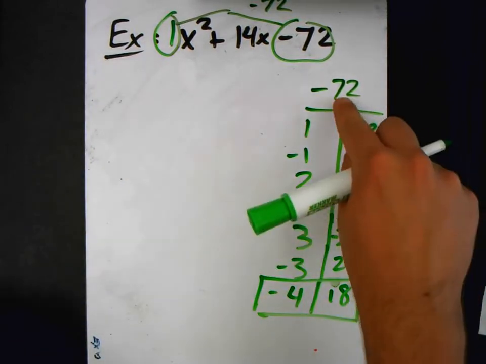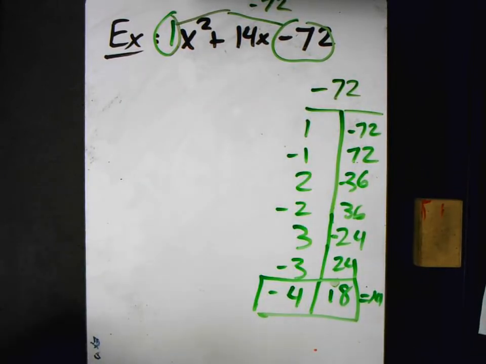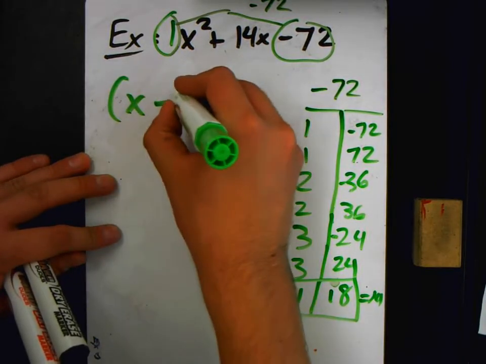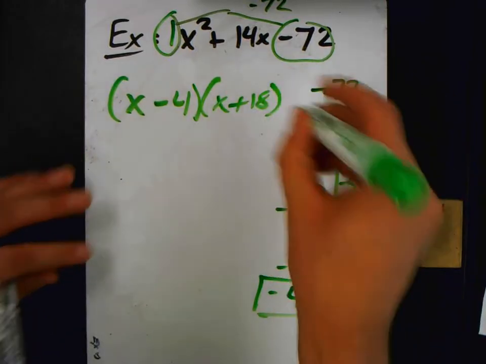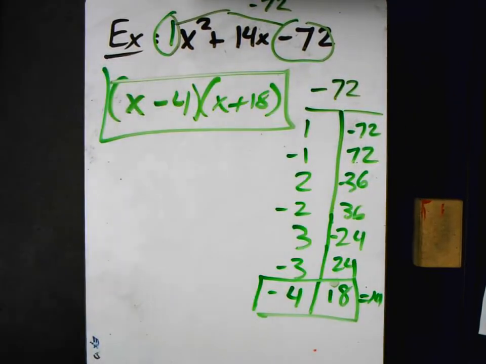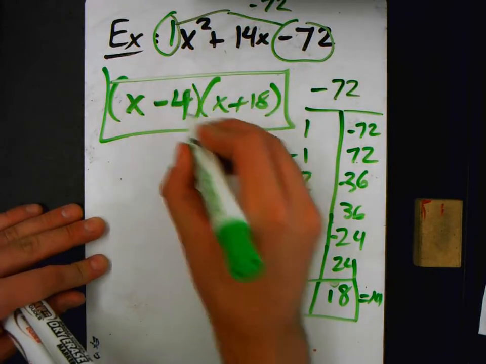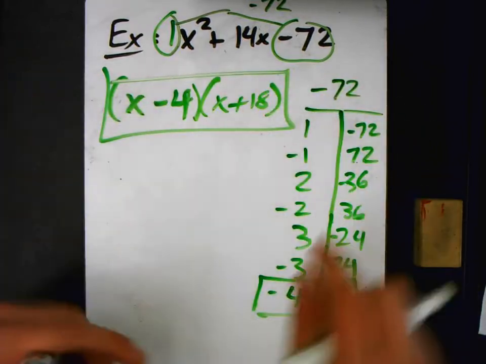I want to find two factors of negative 72 that add up to equal 14. And when I factor them out, I have x minus 4 times x plus 18. And this is the answer. This is how you factor the quadratic. And if you wanted to check, you can go backwards by FOILing x times x, outside, inside, and last to check the answer.